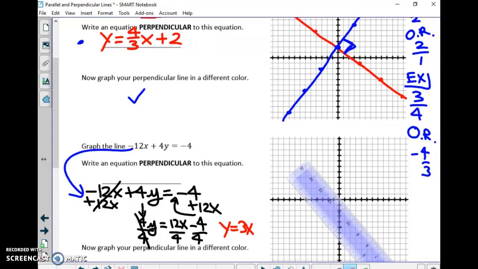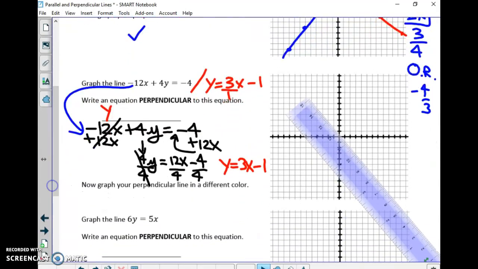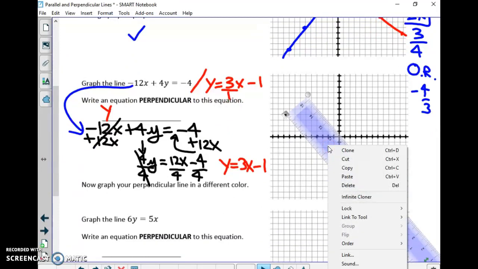Negative 4 over 4 is negative 1. So this up here is 3x minus 1. Don't forget, 3x means 3 over 1x, right? We know a whole number is the same thing as a fraction over 1.